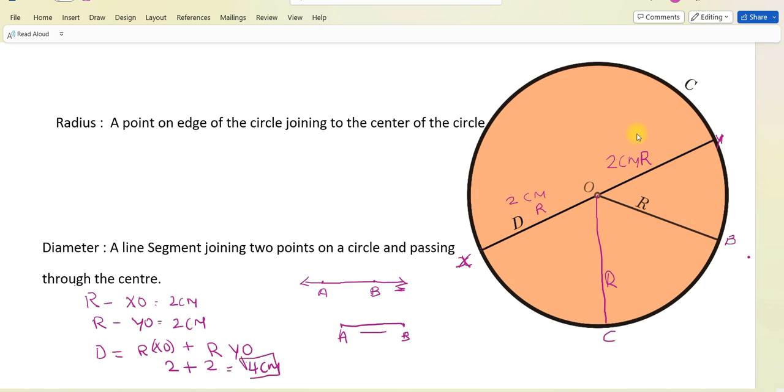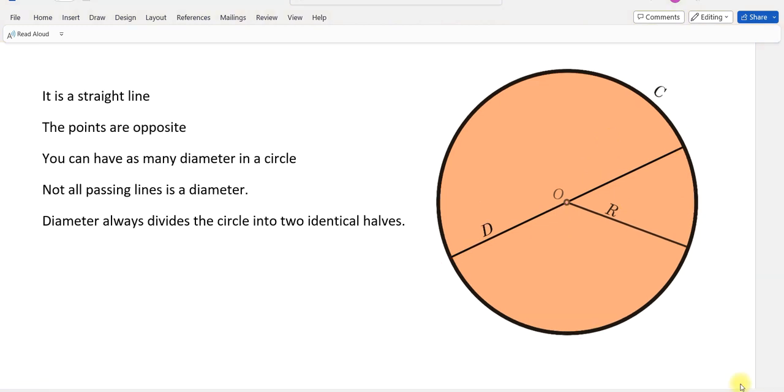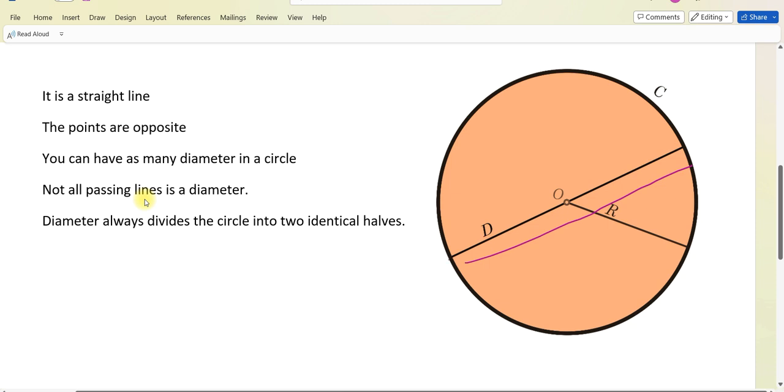Let us understand certain properties of a diameter. You should remember that a diameter will always be a straight line. You cannot take a different point and join lines that way. It always has to be a straight line, and it always has to join opposite points.